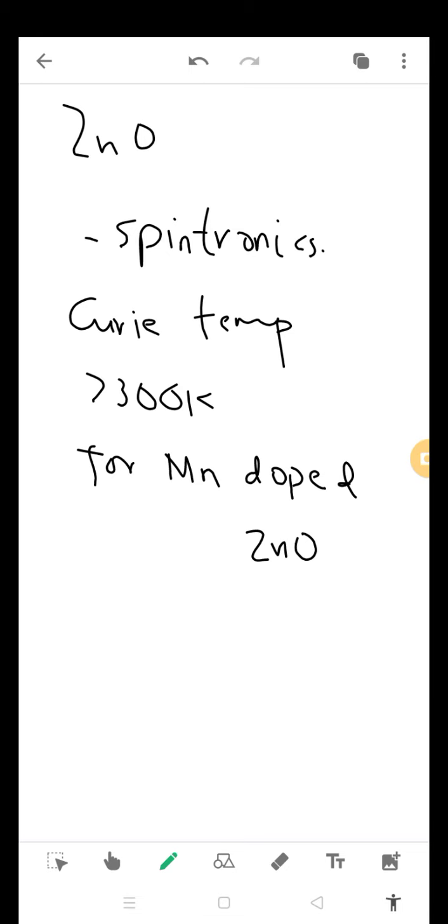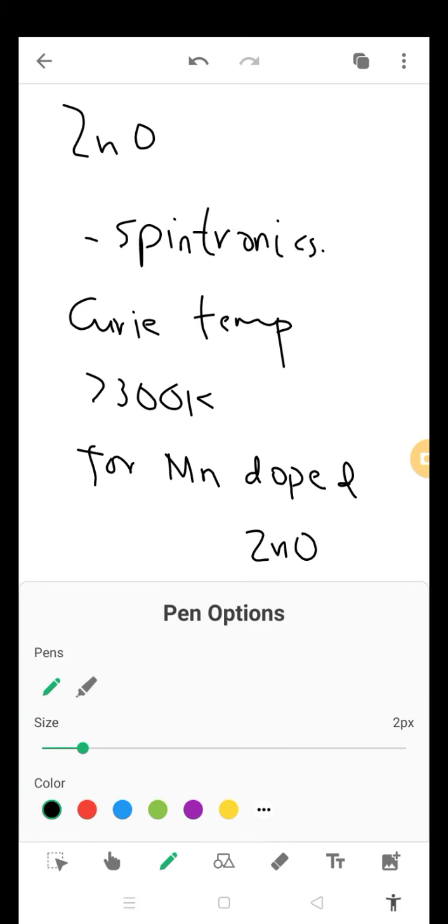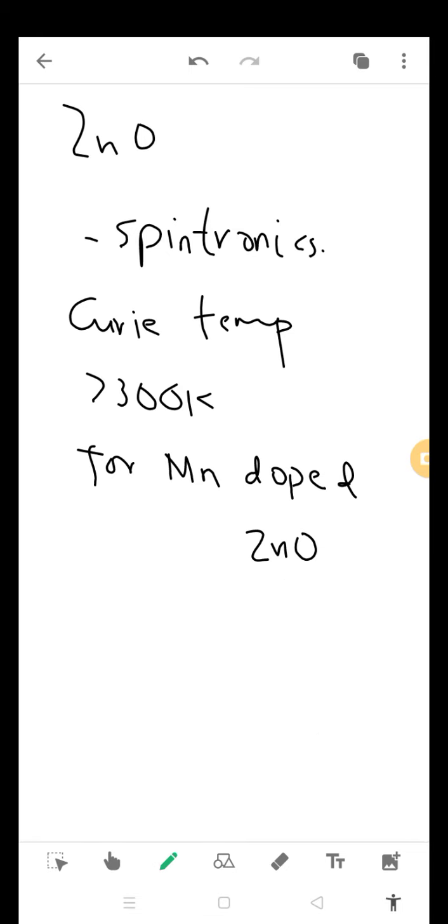Right. Now coming to the crystal structure of zinc oxide, it has a range.